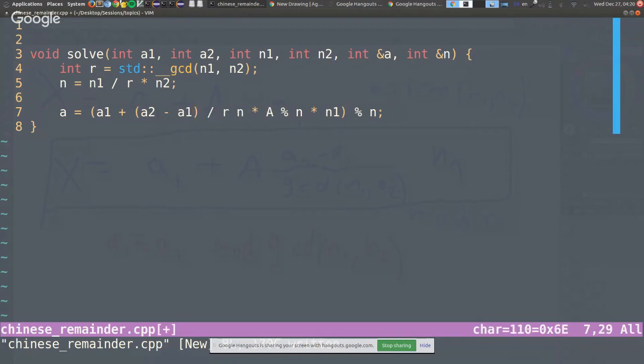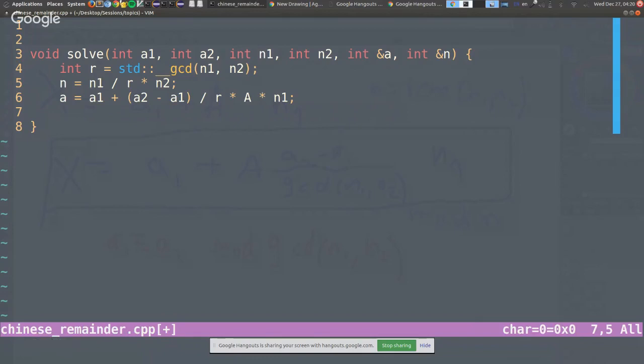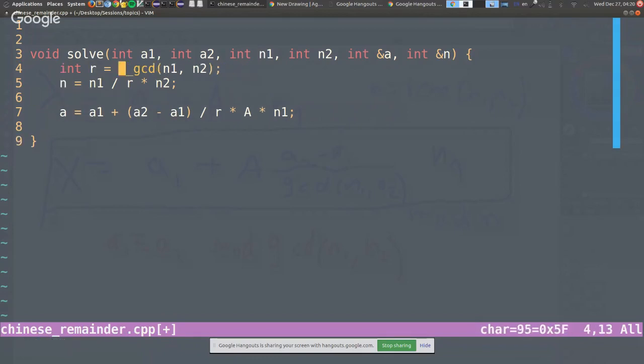If we would like for now to just center on this one, here we actually can use the standard GCD that we made earlier.